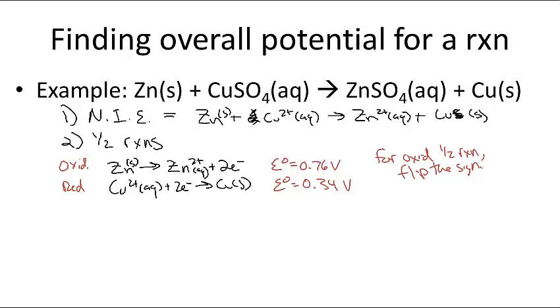All you're doing is taking what was written on the paper that you have, it's flipped, so you just switch the sign. So your total E naught is 1.10 volts.